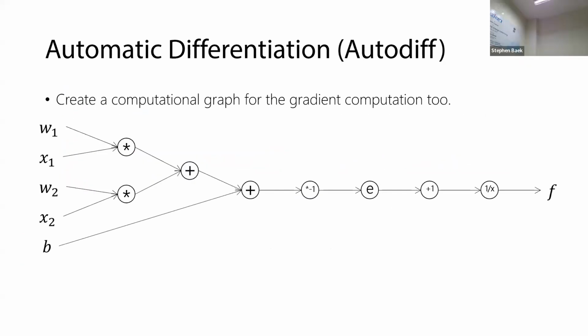So that's where automatic differentiation comes to the rescue. The beginning of automatic differentiation is the same in the sense that we construct a computational graph like this.